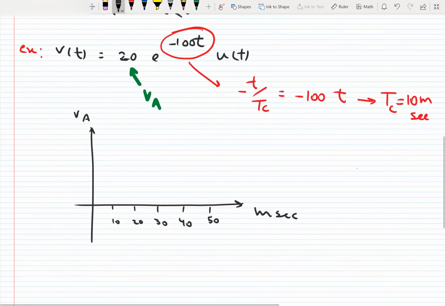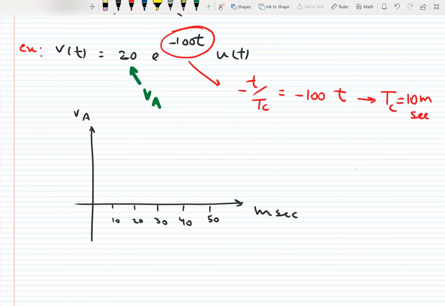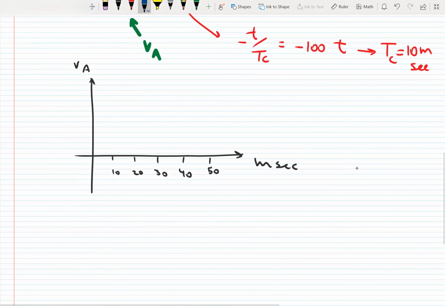Okay, if we find the value of the signal at 1 Tc, we will have v of 1 Tc. Okay, Tc is 10 milliseconds.